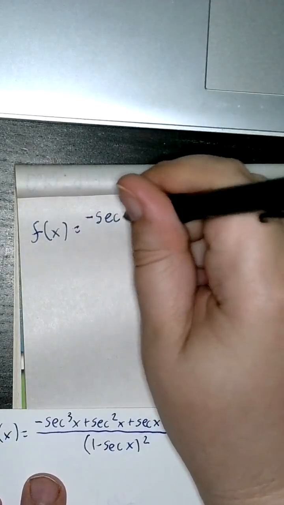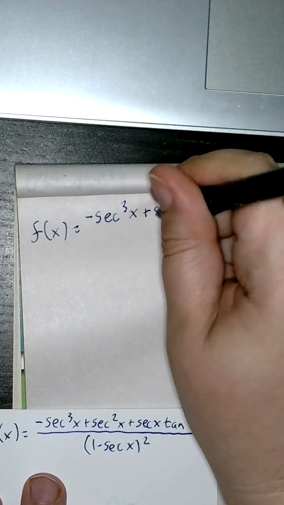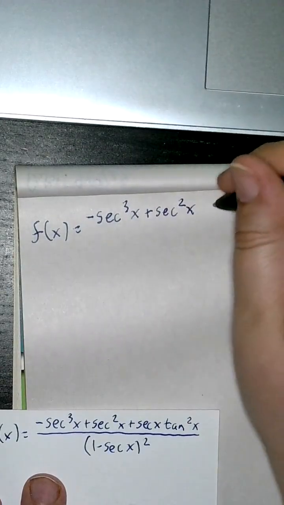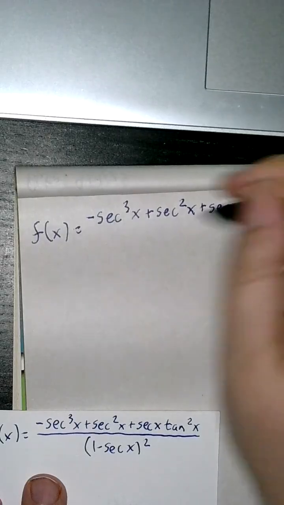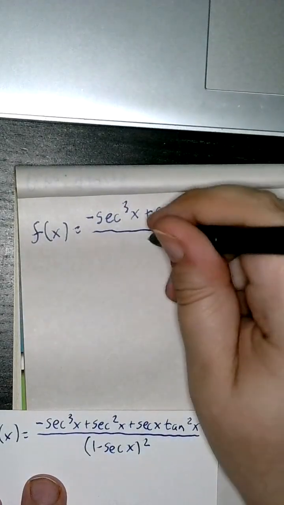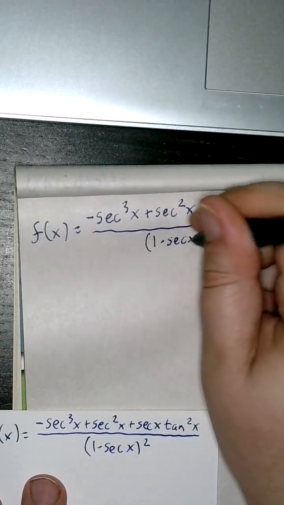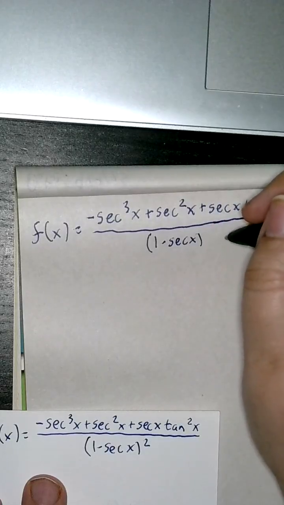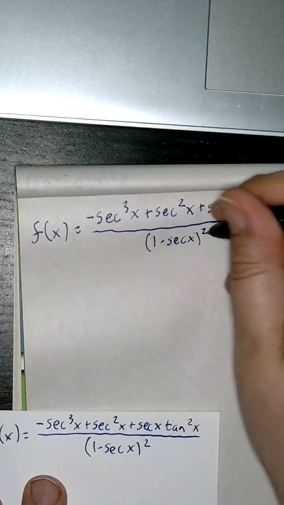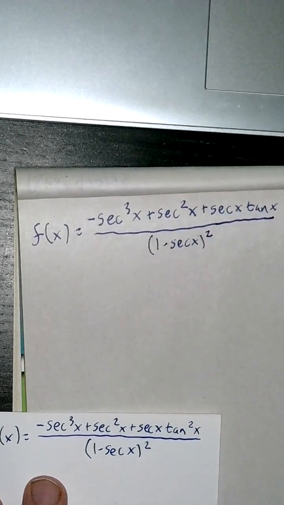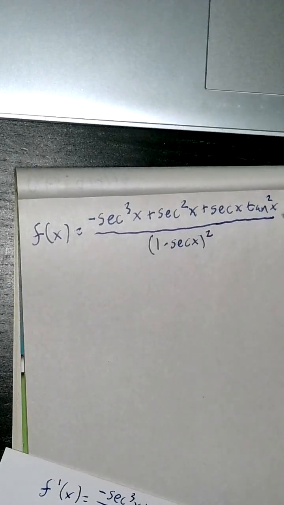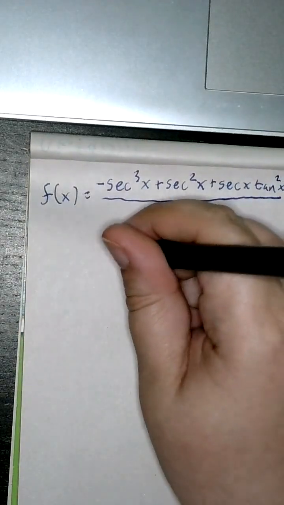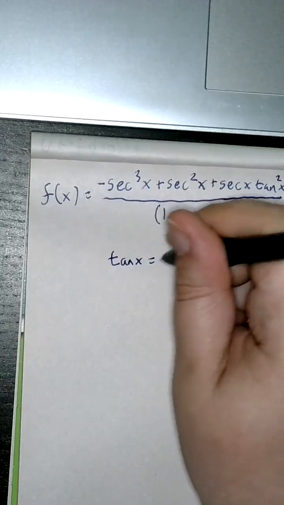So it says negative secant cubed plus secant squared plus secant tan all over 1 minus secant x all squared. Oh, this is tan squared, not secant. I'm going to try and see what I can do with this. So tangent x is equal to sine over cosine.